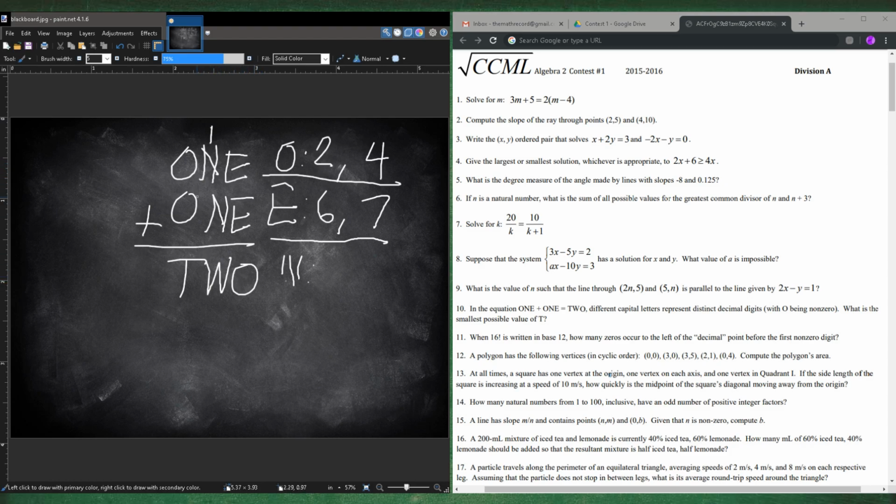And O plus O is equal to the next number, which is either 4 if you use 2, or it's going to become 5 because you add 1. So N plus N is TWO. W could be any number, but N plus N has to be kind of the same.